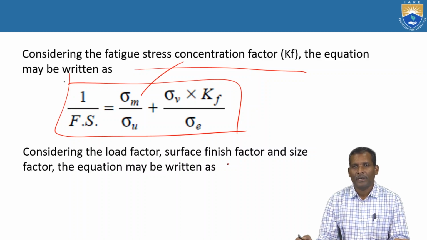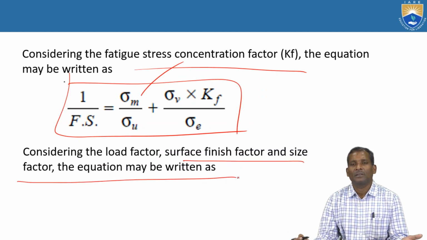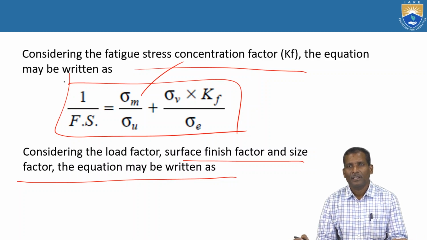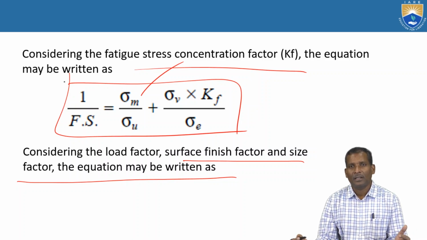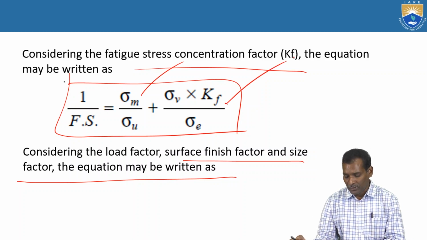Considering the load factor, surface finish factor and size factor, the equation may be written in another way. Whatever you learned in the endurance limit topic, we have already studied about these factors.